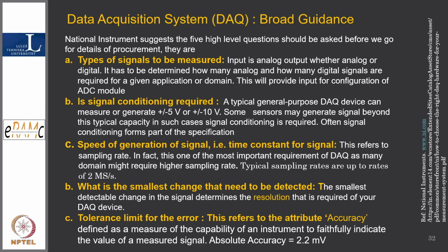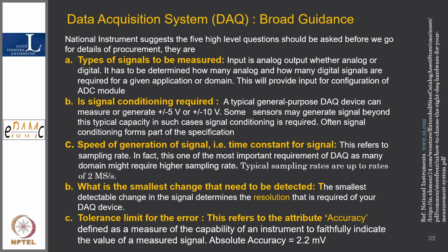The input is analog; the output may be analog or digital. What is that output, and what kind of signal do you want in your data acquisition system? It has to be determined how many analog and how many digital signals there are.